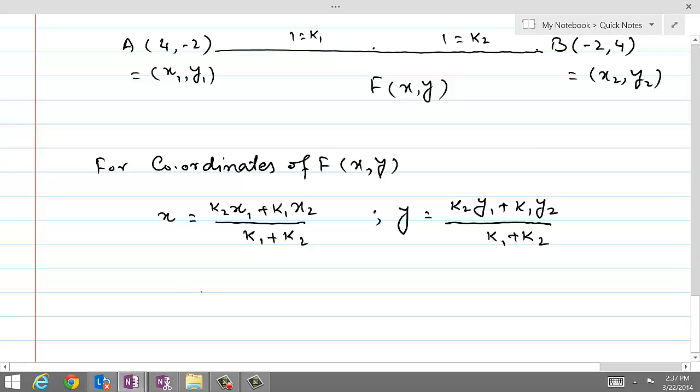So let's substitute the values, and here because K1 and K2 are 1:1, the task is much easier than we initially thought.